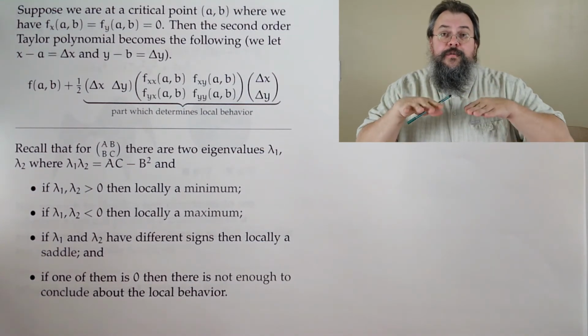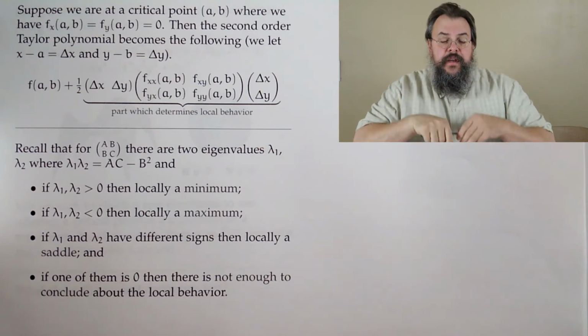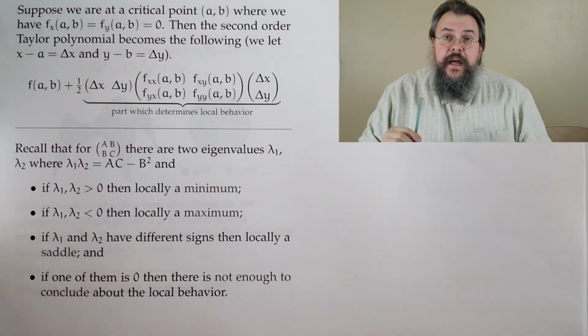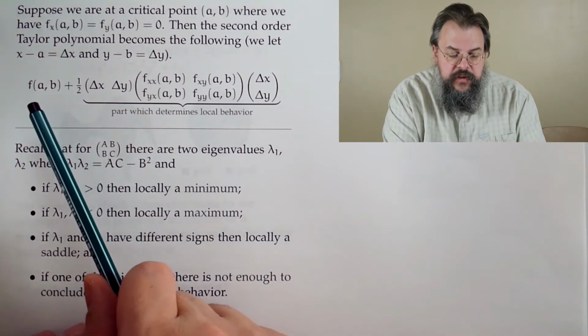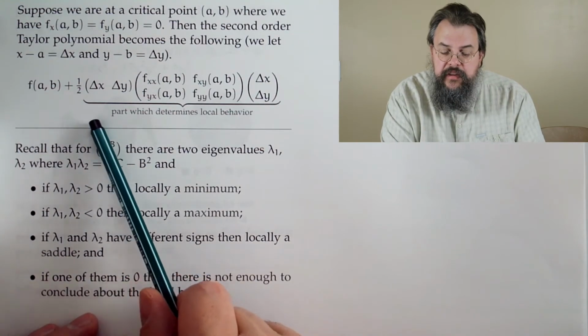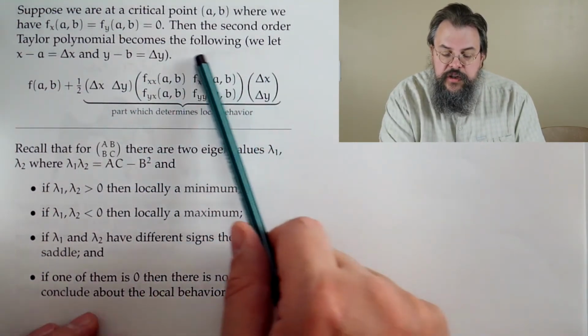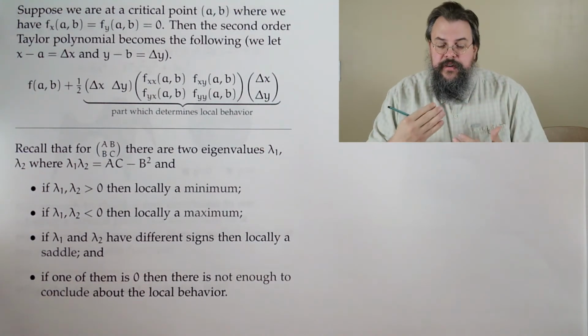So at a place where our gradient equals 0, which means we have a flat tangent plane, it turns out that locally our function looks like this: the height of the function at that point plus an extra term. And this extra term is based off of the second derivatives.